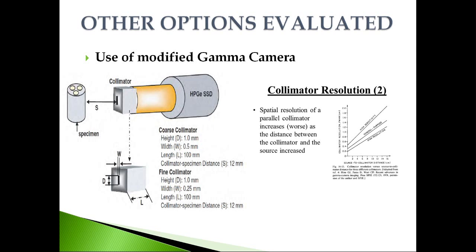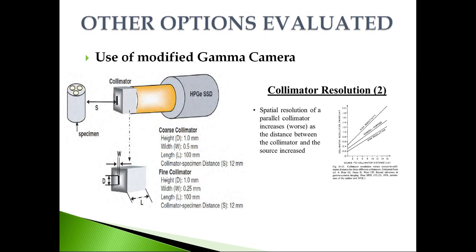Now we talk about the other options that were evaluated during the course of this solution. The first option is the use of a modified gamma camera. In the modified gamma camera approach, we intend to modify the gamma camera so as to increase its resolving power, and hence spatial resolution can be obtained. The gamma camera can be used as a stylus to detect the neurons over the tumor margin.